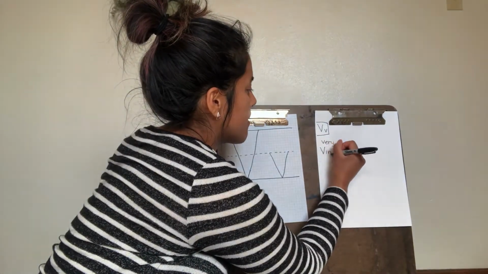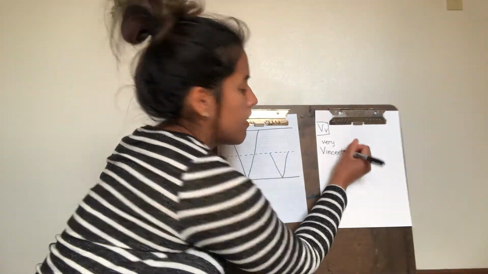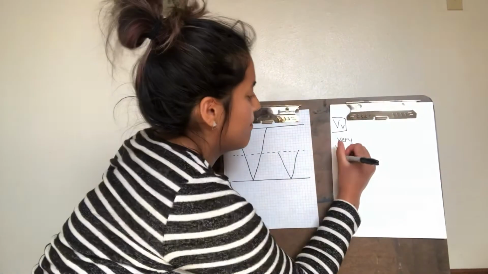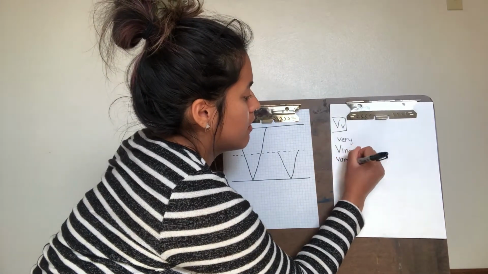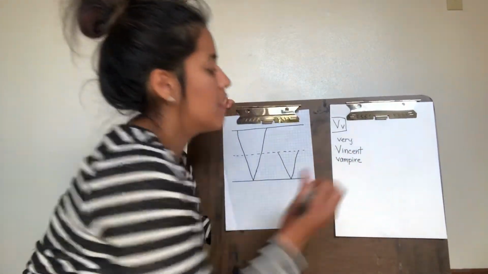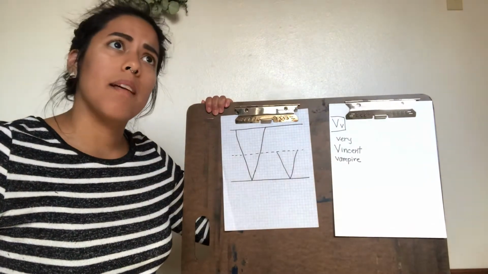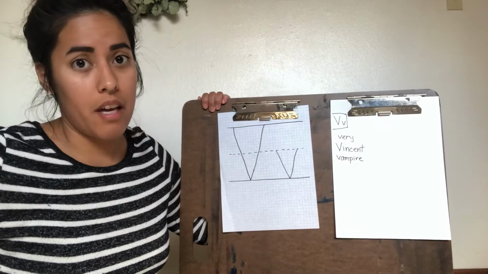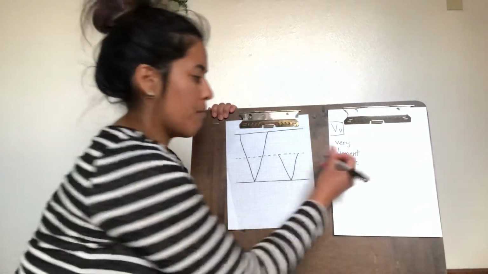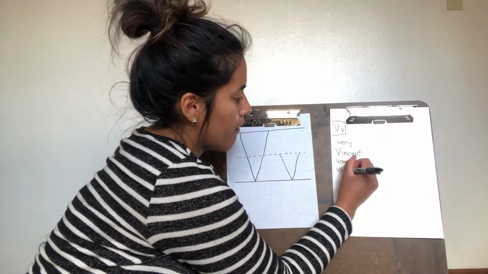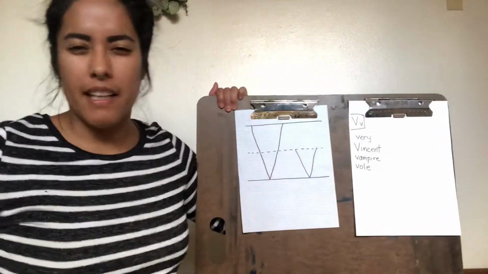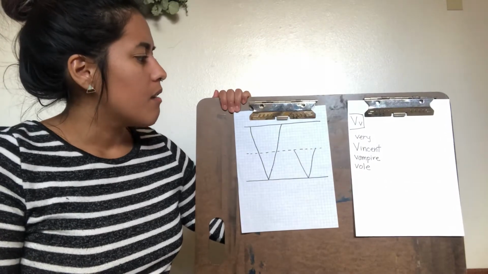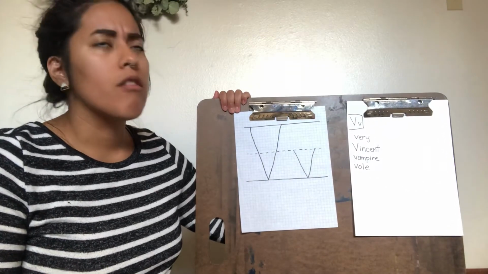I miss Vincent. I hope he's doing all right. Vampire. Let's see. Ooh, I can think of another animal that starts with the letter V. Vole. If you don't know what a vole is, you can look up a picture. They're almost like a little mouse that lives underground. Let's see, very, Vincent, vampire, vole.